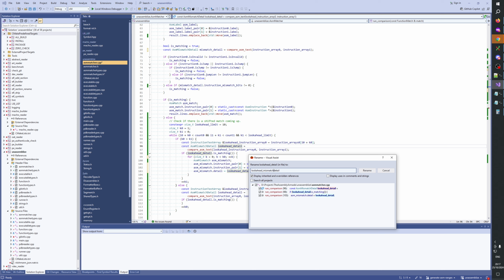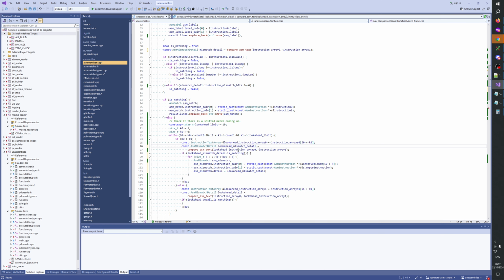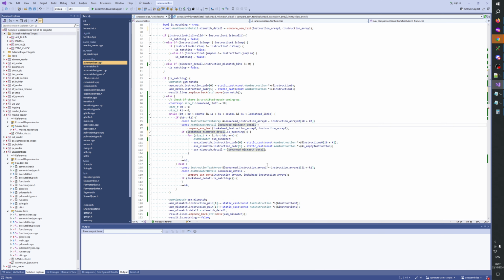Let's not cut corners here on our naming. Okay, look ahead mismatch detail.